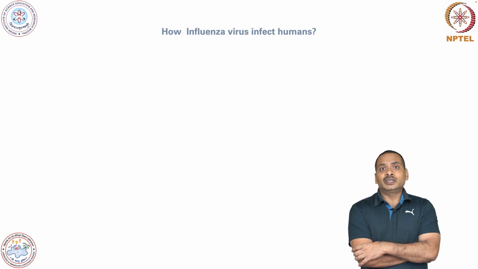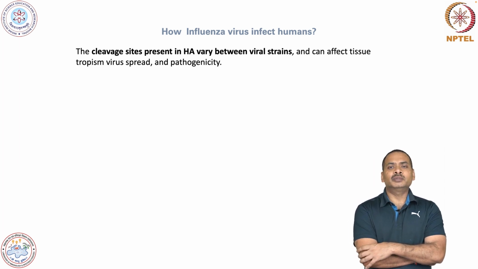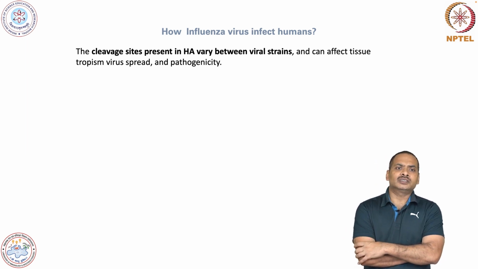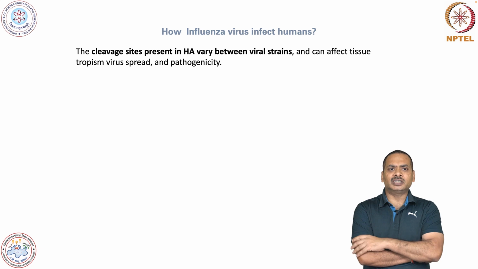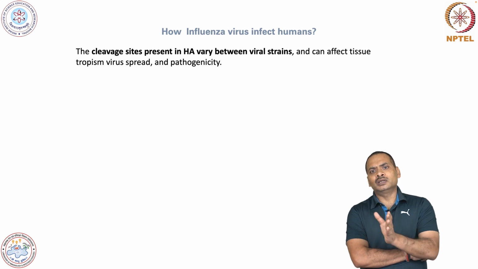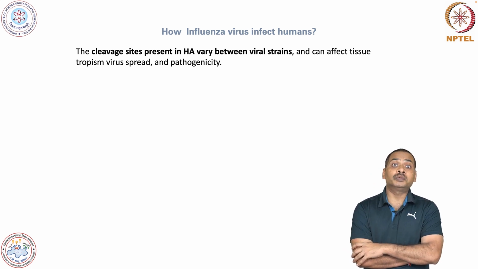How does the influenza virus infect human cells? It basically starts with cleavage. There is a cleavage site present in HA, which varies from viral strain to strain and can affect tissue tropism.